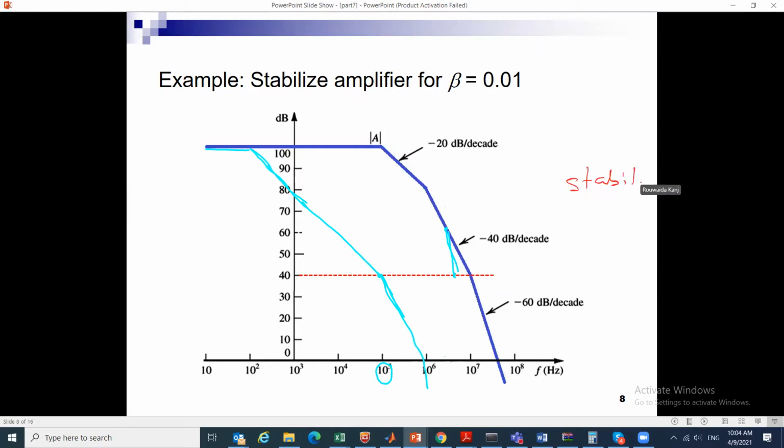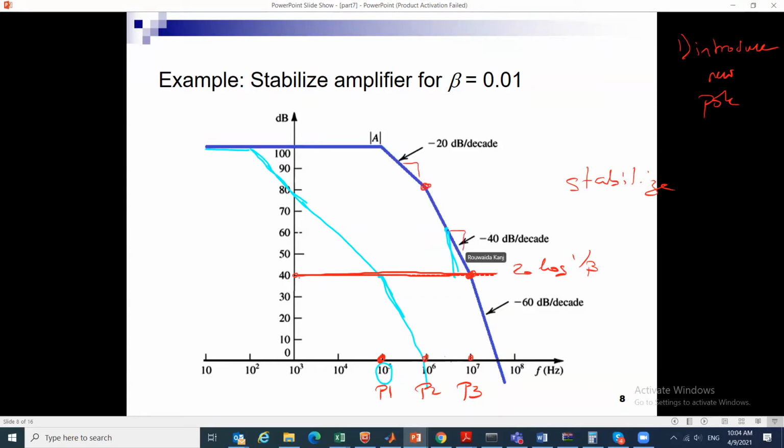Given a circuit that has three poles, one at 10 to the 5, one at 10 to the 6, and one at 10 to the 7, and that has a 20 log 1 over beta line already at 40 dBs, I need to modify my design either by introducing a new pole, or shifting the first pole, so that this line really intersects at a slope which is minus 20 dBs per decade.